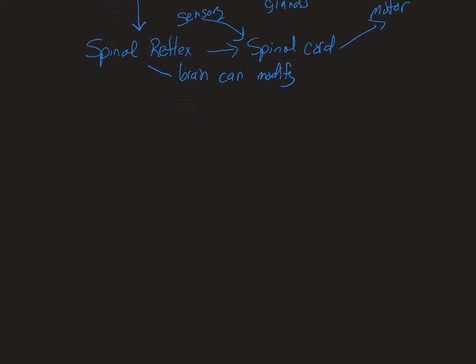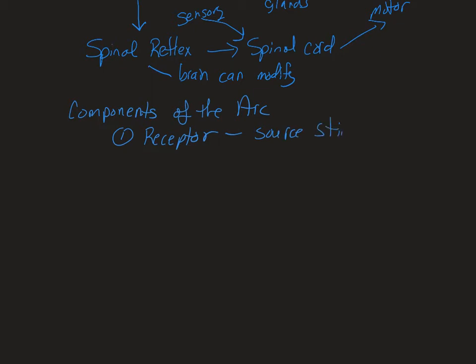Now, when we're dealing with the reflex arc, we have several components that are important. So the components of the arc. You have the receptor. This is the source of stimulus. So it is picking up something either outside the body or inside the body. This receptor is going to be attached to a sensory neuron.